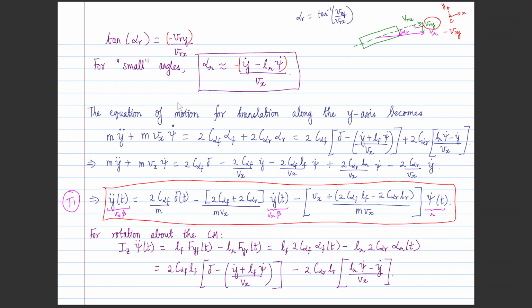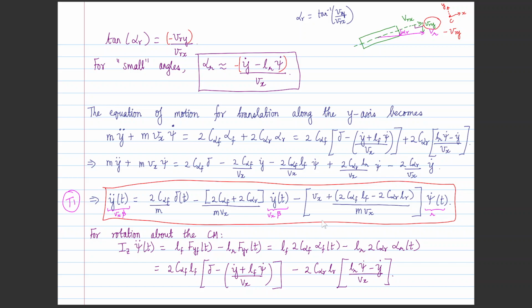Now if we substitute alpha f and alpha r as we computed previously, we get an expression here, right? If we rewrite this expression, we get an expression for y double dot in terms of the input delta, y dot, which can be written as vx into beta, and psi dot.